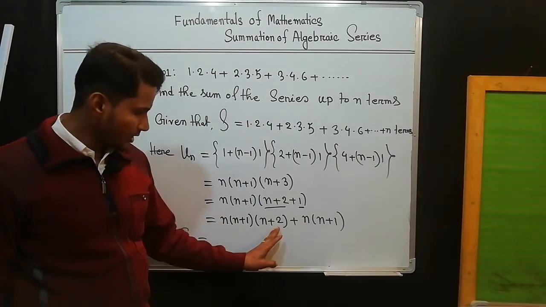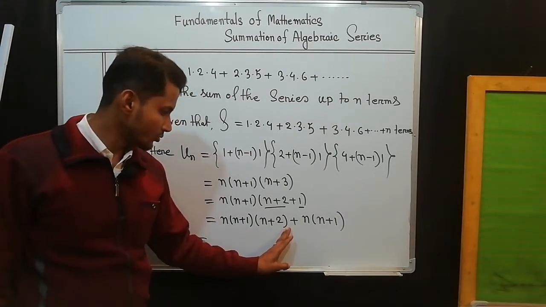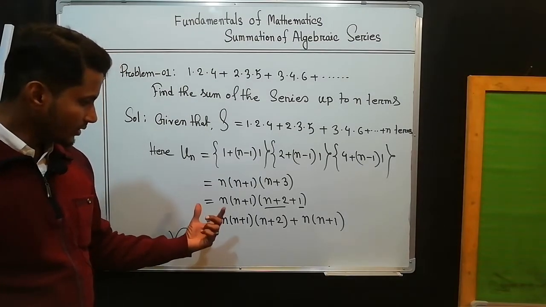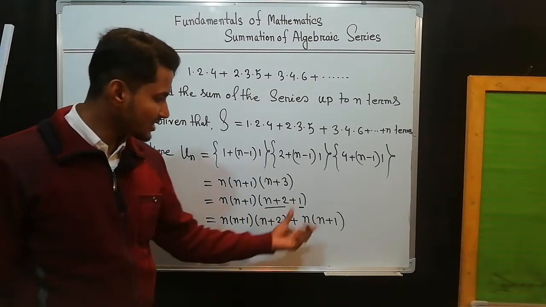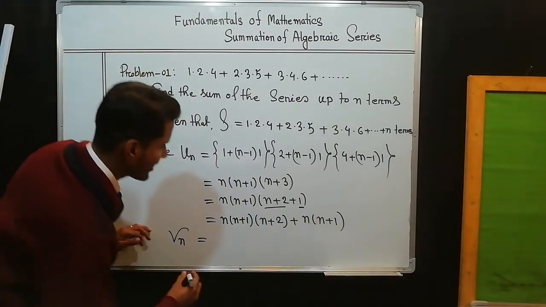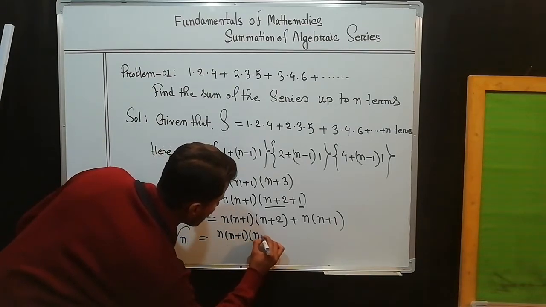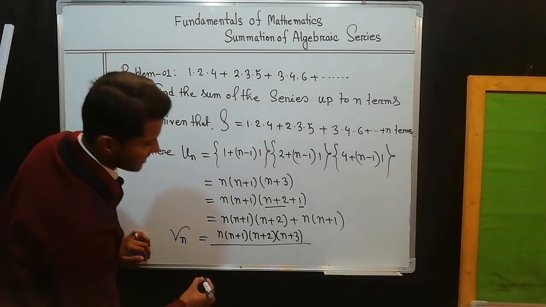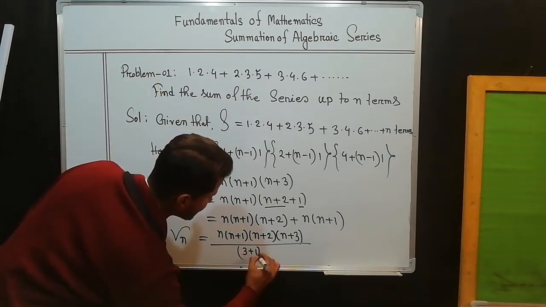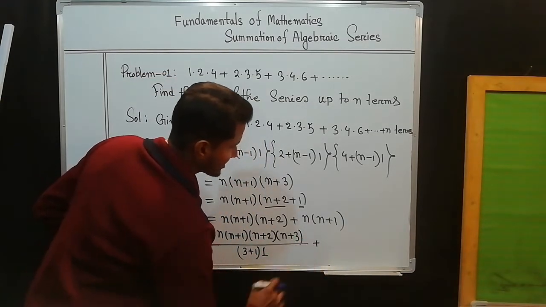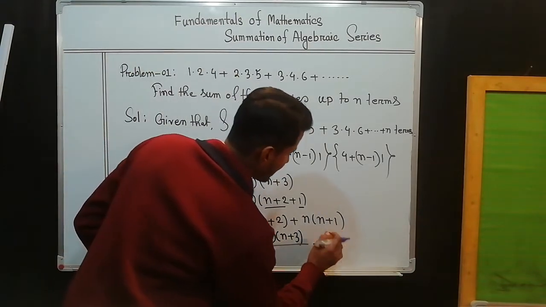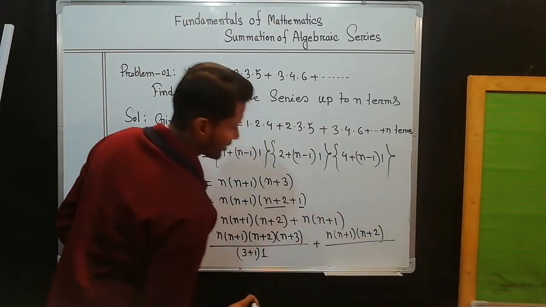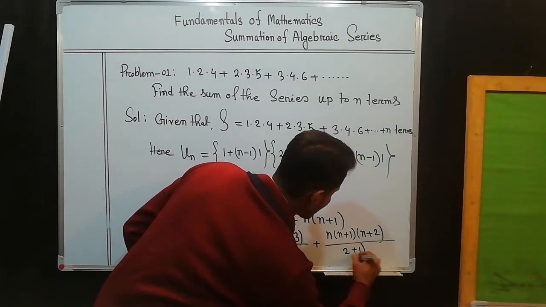Now we write n into (n plus 1) into (n plus 2) into (n plus 3), divided by 4, since there are 3 terms, add 1, and the difference is 1. Similarly, we write n into (n plus 1) into (n plus 2) divided by 3, since there are 2 terms, add 1, and the difference is 1.